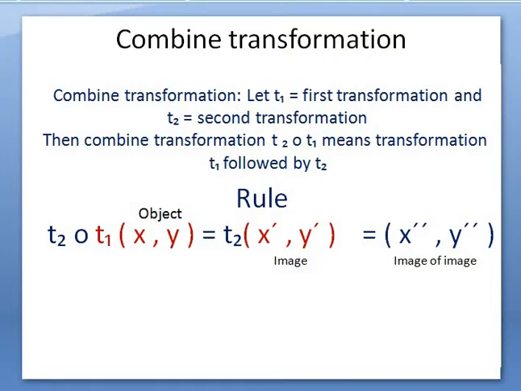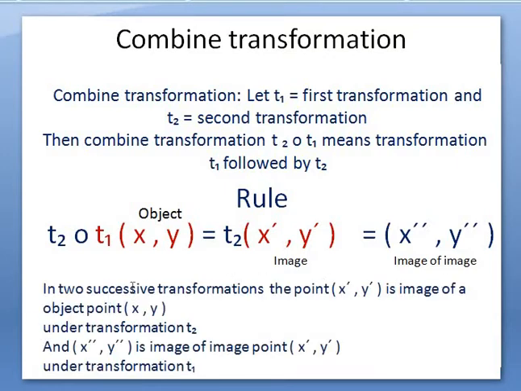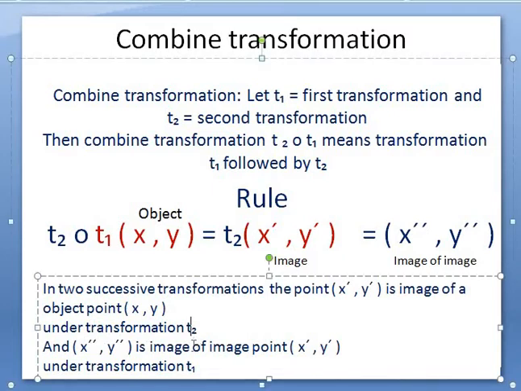Now we have some justifications. In two successive transformations, the point x prime y prime is the image of the object point xy, as I've already told you, under the transformation T1.